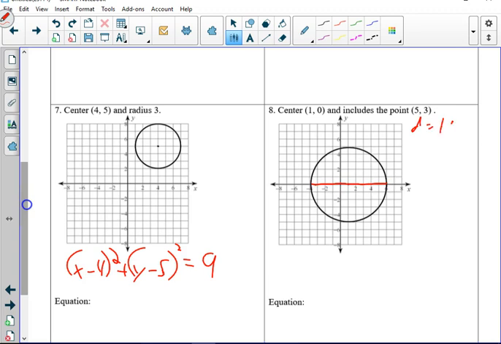The diameter is 10 and the radius is 5. So x minus 1 squared plus y minus 0, just y squared, equals the radius squared, 5 squared is 25.